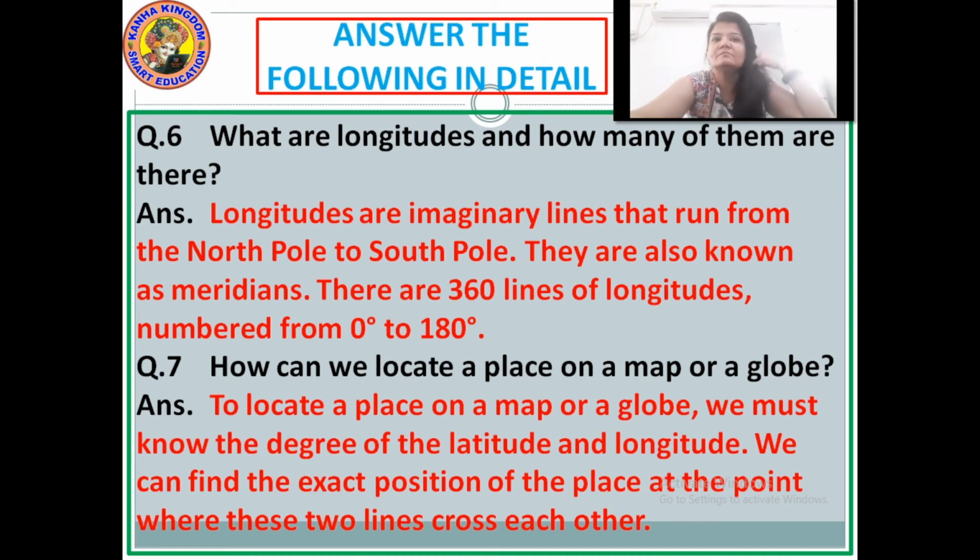I repeat the question number 7 and answer again. How can we locate a place on a map or a globe? To locate a place on a map or a globe, we must know the degree of the latitude and longitude.